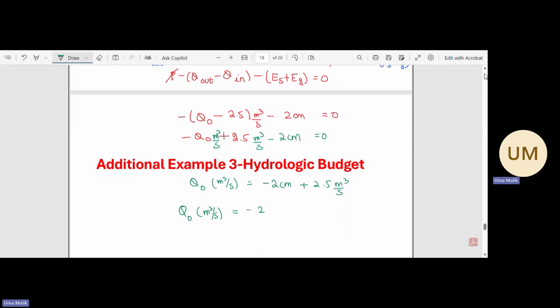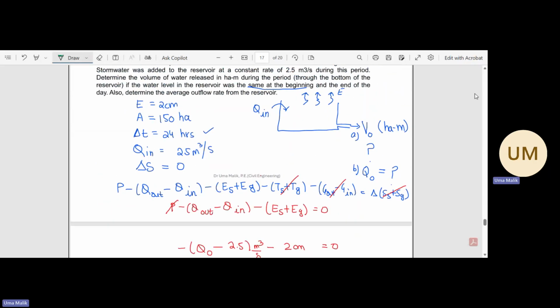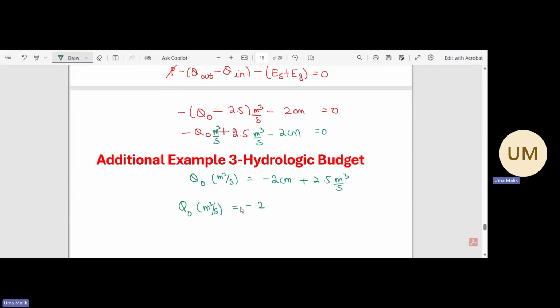Let us first see that we need to calculate the flow rate also, so we will be calculating it in meter cube per second. So 2 centimeter divided by 100 centimeter into meter, multiplied by area, which is given as 150 hectare, which is 150 into 10 raised to power 4 meter square.